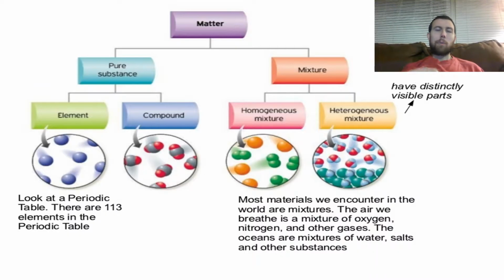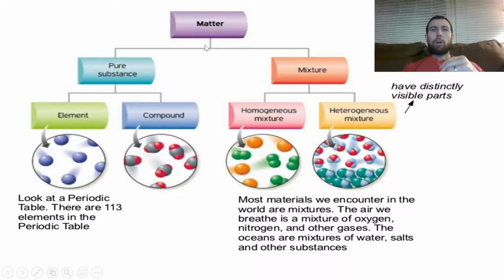Now, the last thing I want us to take a look at here is a flow chart. And this flow chart gives us a breakdown of how matter can be classified. So we know that everything that we interact with that has mass and volume is matter.